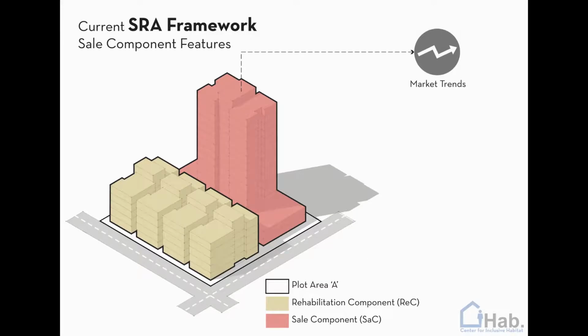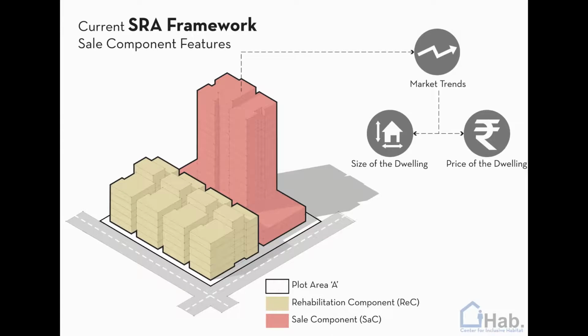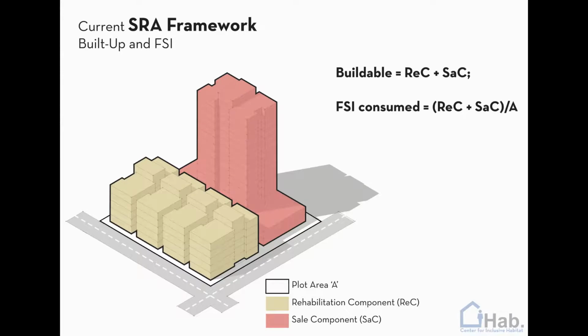Based on the current market trends, the developer will decide an optimum unit size and an attractive price, such that they get sold in the market easily. In this manner, the developer shall build both the rehab and the sale component on the same site.